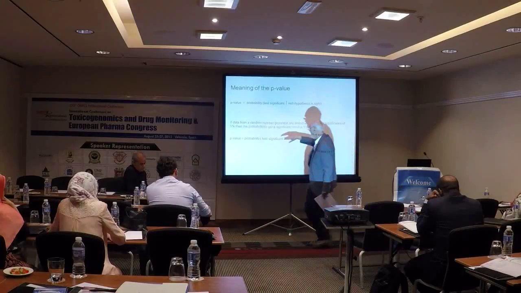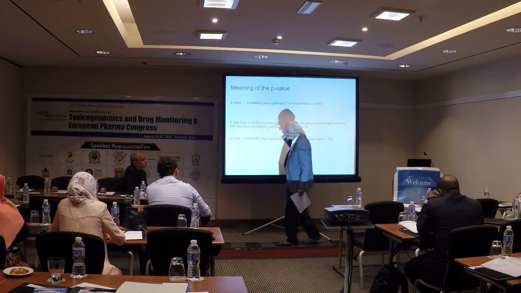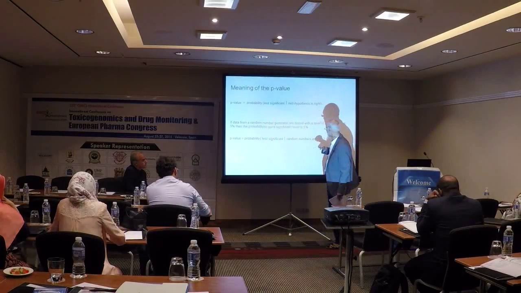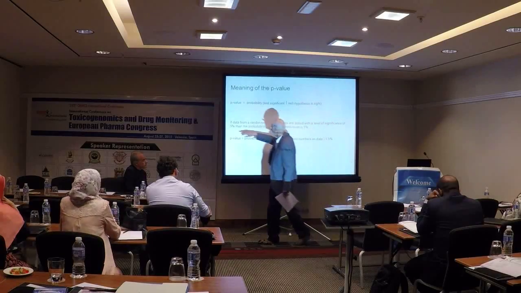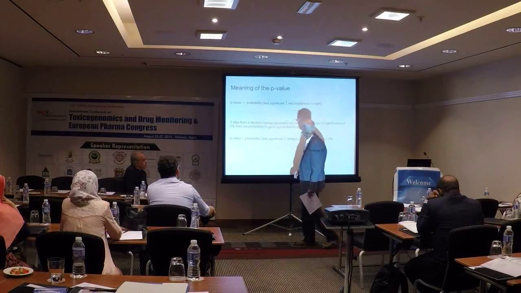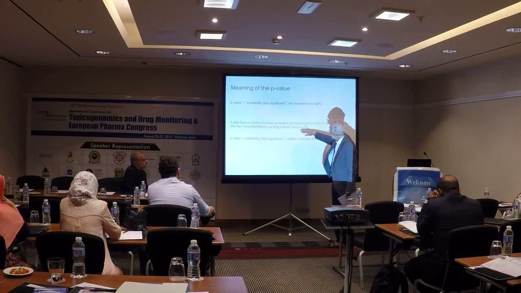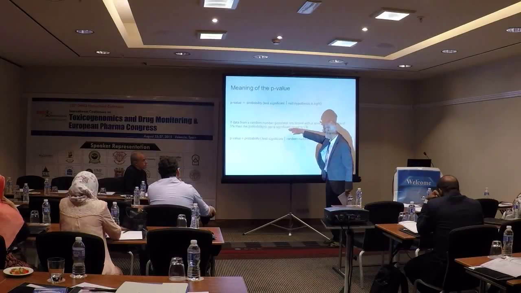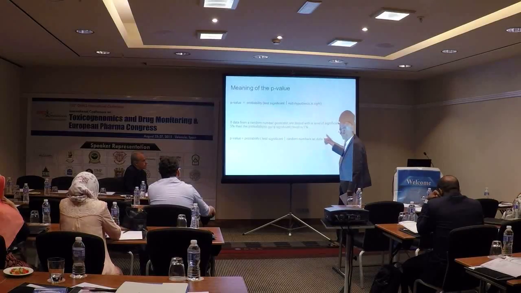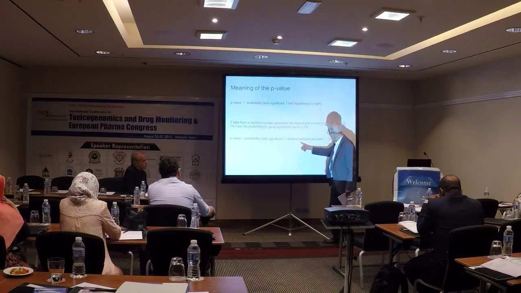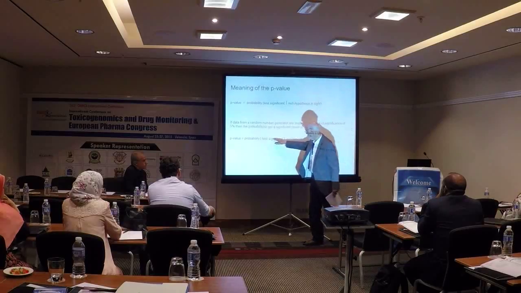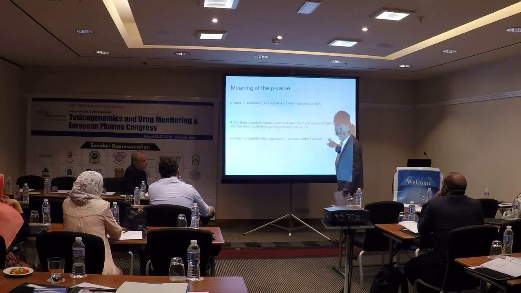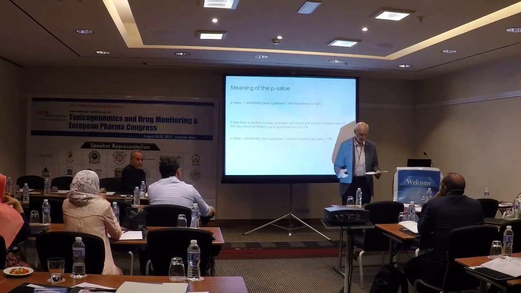So if you take random numbers, where we have definitely no effect in the data, and you test them with the 5% level of significance, then the probability that you will get a significant result is 5%. So here you can see, if you use random number data, definitely no effect, when you make a test, the probability that the test is significant is the level of significance you have selected for your work.